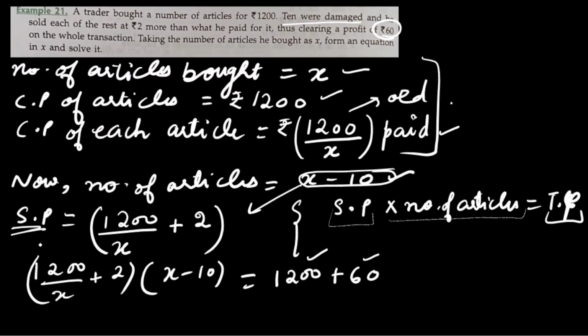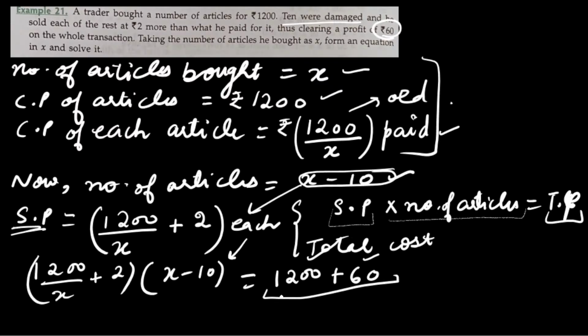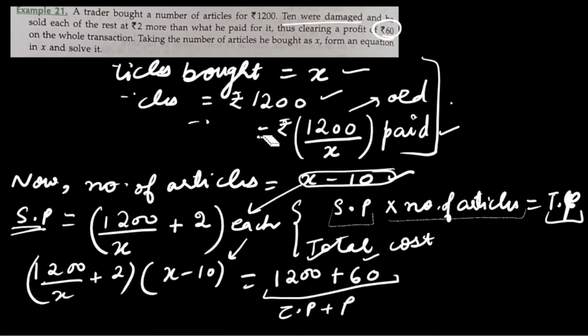If I multiply the selling price of each article with the total number of articles, which is now X minus 10, I'll get the total cost. Now it includes the profit also, which is 1200 plus 60. It includes the buying price plus profit. Now we can simplify this equation and get the required quadratic equation.